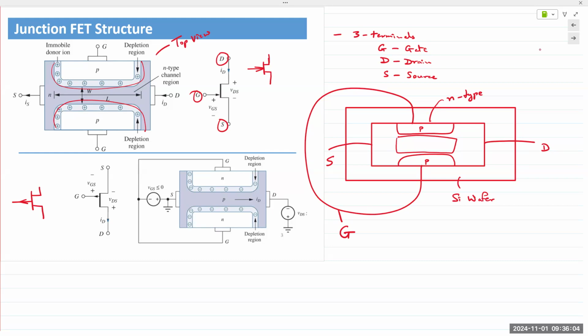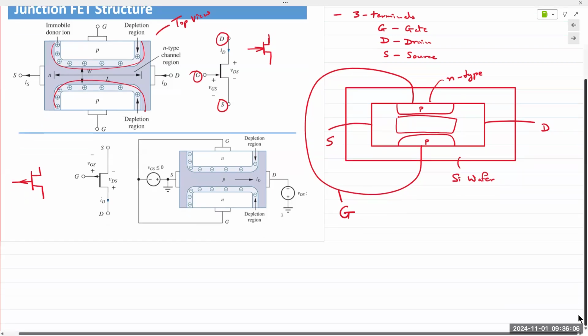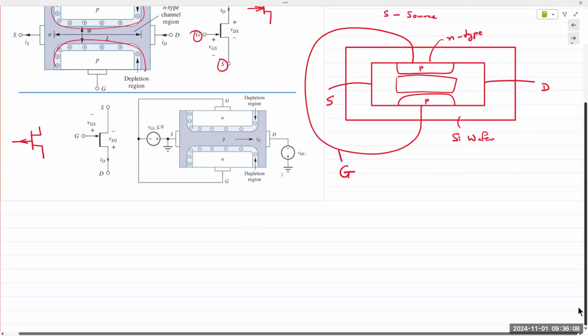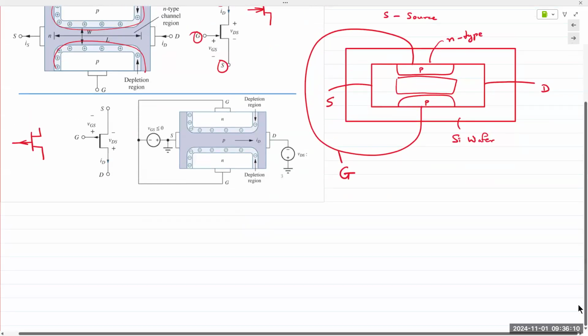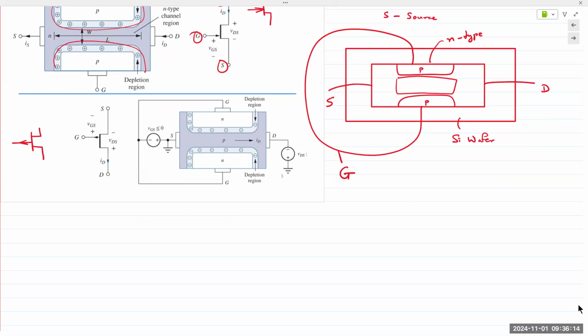And because the channel is conducting electrons, meaning it's conducting current flow, it inherently has resistance. Resistance is normally given by rho L over A. And because the channel has some resistance, we refer to that as the channel resistance, RCH.